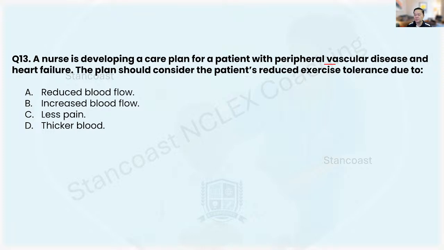This is a multiple choice. Charmaine answered letter A. Okay. Yeah. Peripheral vascular disease, that is the hallmark of the disorder. Reduced blood flow. That is the correct answer.